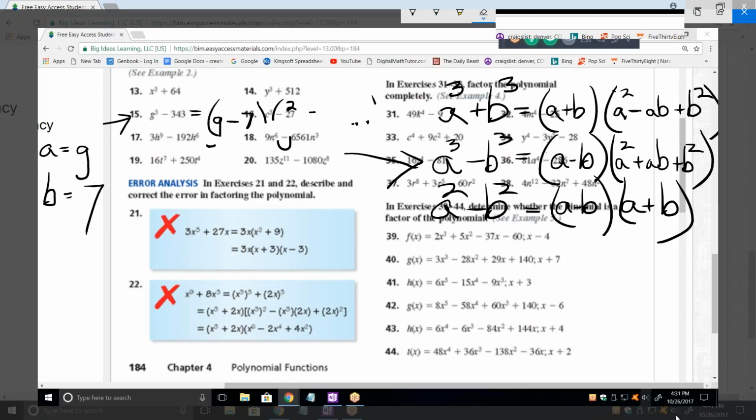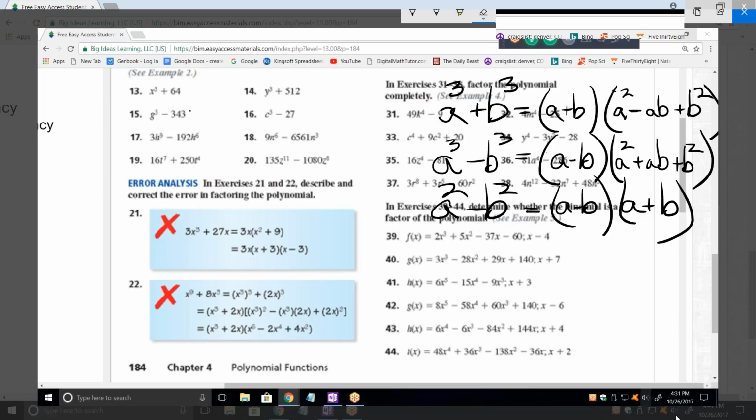Okay, good. Now, number 16, what is that? In other words, your first step is to figure out what you're looking at. Are you looking at difference of perfect squares, difference of perfect cubes, or sum of perfect cubes? Those are the only three you know. Oh, that was it.